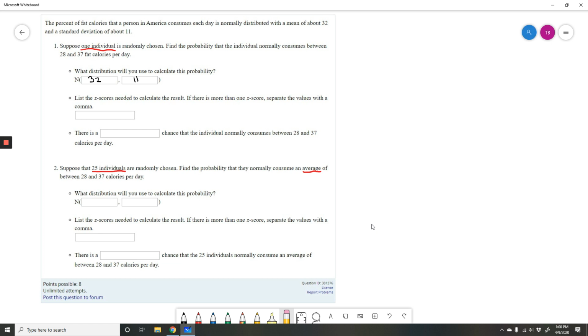So we will also have a normal distribution in this case. But now, instead of looking at x, we're looking at the sample mean, x bar.